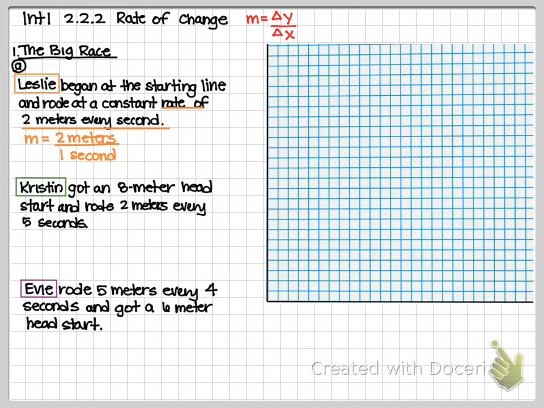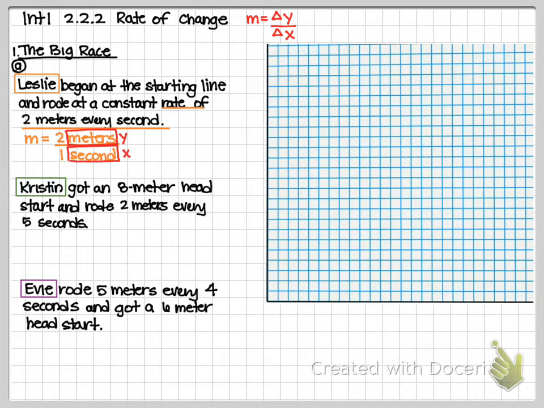So I should know at this point that my y-axis is going to be meters. So I can take those units to figure out what goes on my y-axis, and then I can take these units from the bottom to figure out what goes on my x-axis.